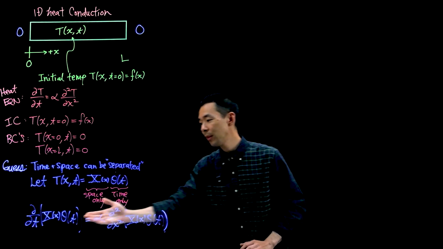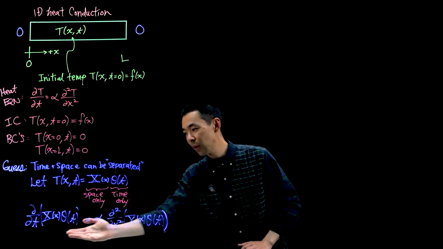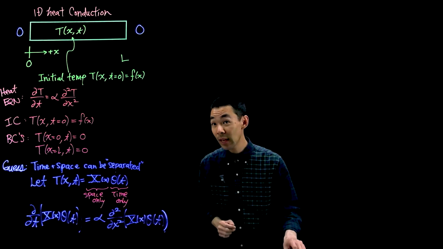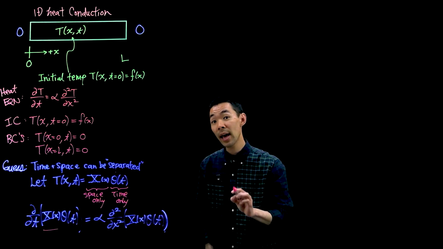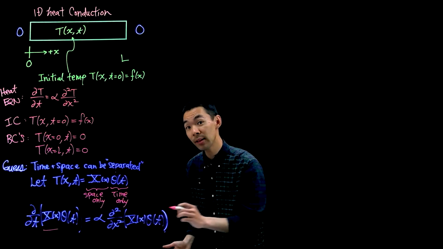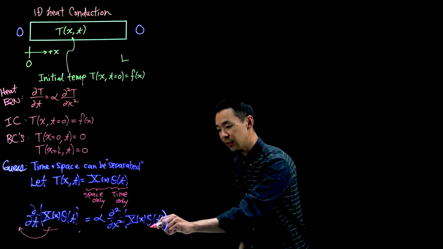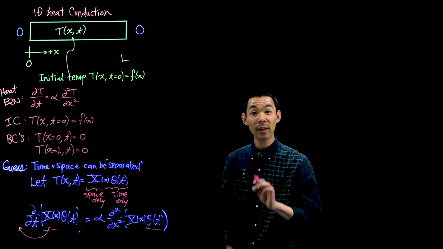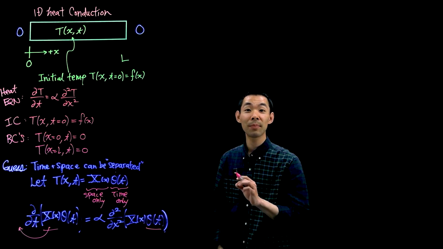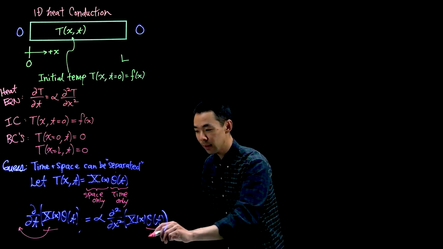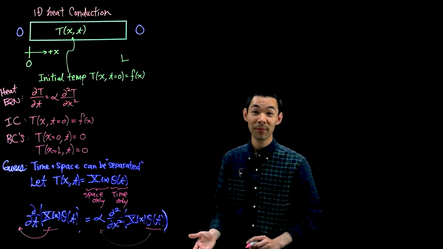Now, this left-hand side is a time derivative of these 2 functions. This capital X is only a function of position x, and therefore it can come outside the derivative. Same thing with the right-hand side. This function theta is only a function of time. Outside here is a partial derivative with respect to position x, and therefore this is a constant with respect to x, and it can come outside the derivative.